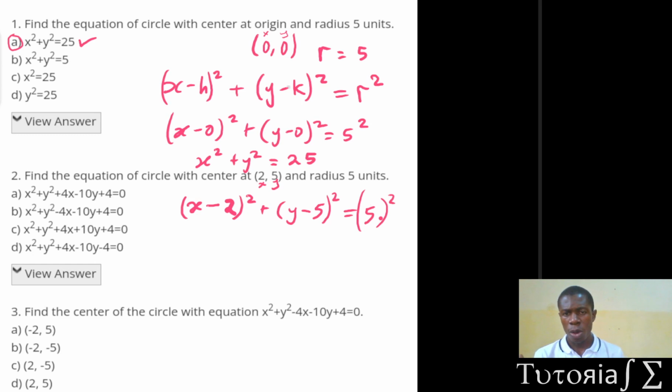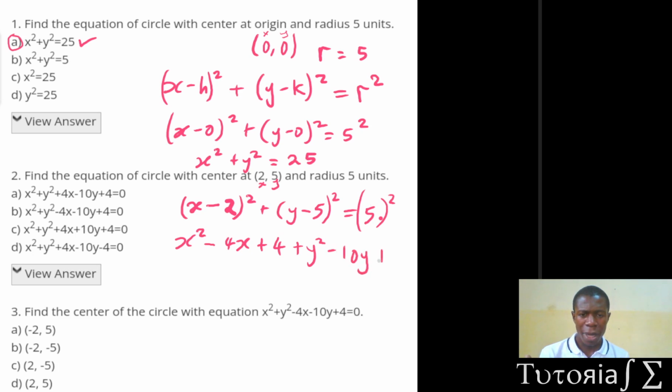Okay, so using this equation, we expand. Expanding this, we have x squared minus 4x plus 4. Then expanding this, we have plus y squared minus 10y plus 25, equal to 5 squared, which is also 25.